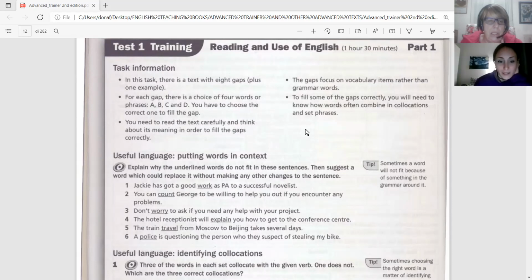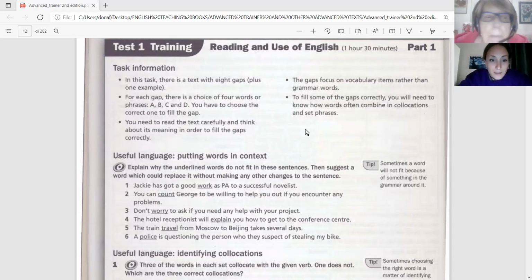You need to read the text carefully and think about its meaning in order to fill the gaps correctly. The gaps focus on vocabulary items rather than grammar words. To fill some of the gaps correctly, you will need to know how words often combine in collocations and set phrases. Do you understand everything?